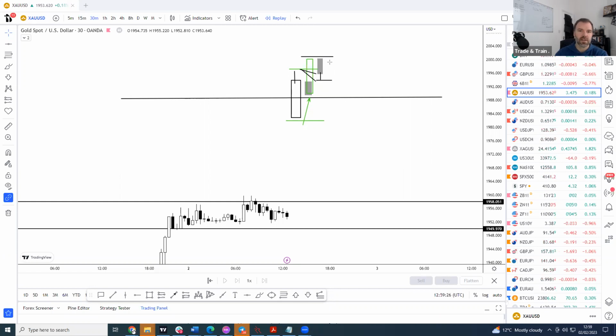The next thing is I've still got my order here to give the trade a second opportunity if the market does do that. If it continues to move lower and it takes out the low, I cancel my order. Does that make sense, guys? So basically all I've done is I've given the trade a second opportunity.